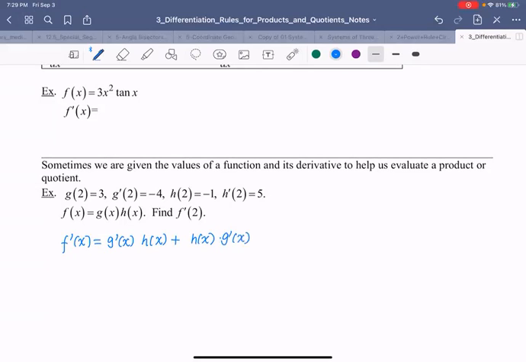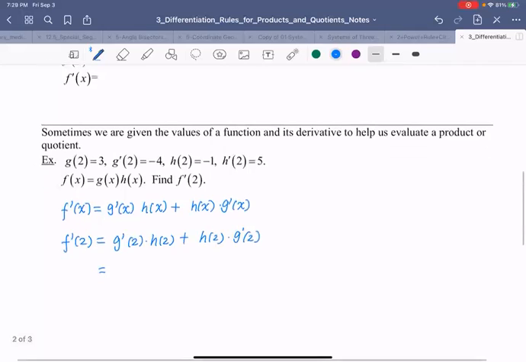We are looking for x equals 2, right? Let's plug in. So it's going to be -4 times -1, and then plus 5 times 3.